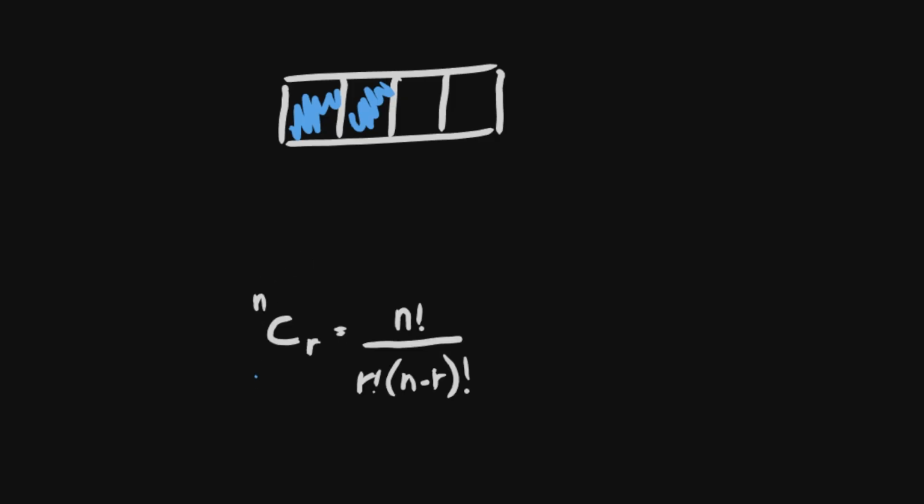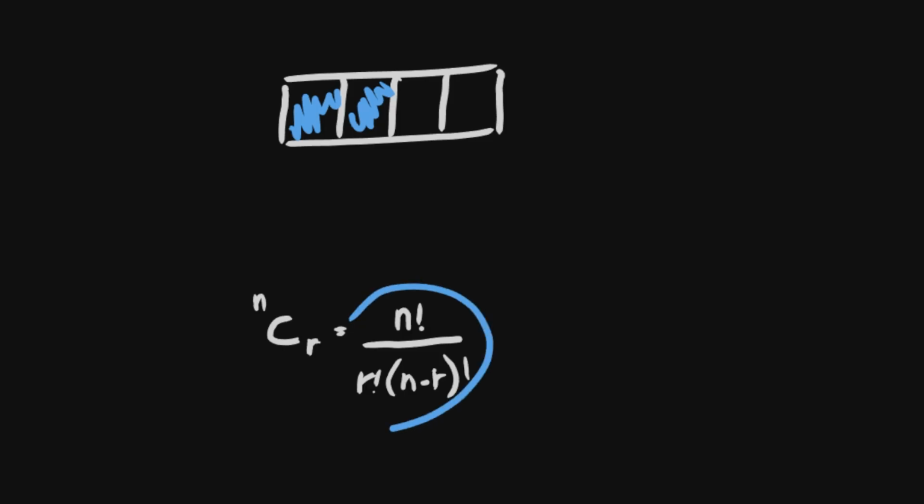Let's say we have 4 elements and we are trying to find every combination of 2 of these 4 elements. So there's a well-known formula for this. And it goes like this. nCr equals n factorial divided by r factorial times n minus r factorial. n is the total amount of elements we have, in this case 4, and r is the elements we are trying to combine, in this case 2.